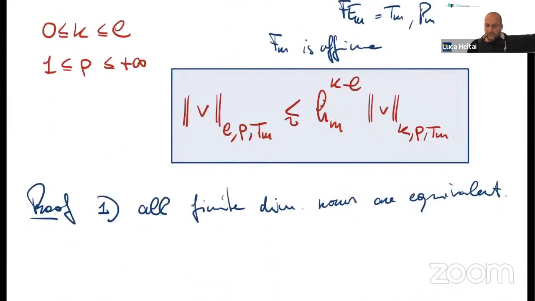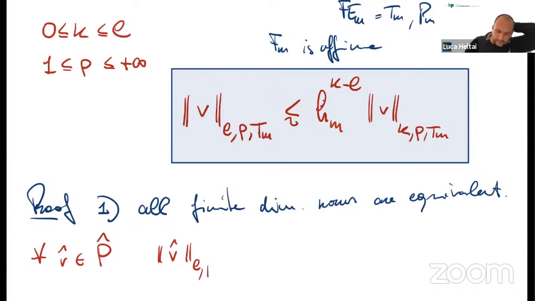So first of all, finite dimensional norms are equivalent. So we actually start by applying this to the finite element space P hat. So for every v in P hat, this is the finite dimensional space for the reference element. What we have is, let me call it v instead of p, otherwise it confuses with the p of the norm.